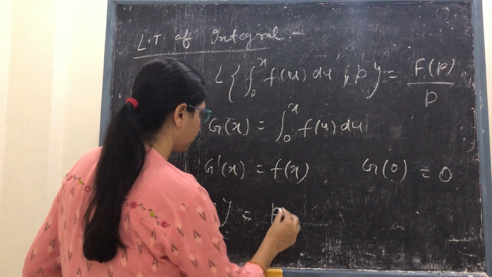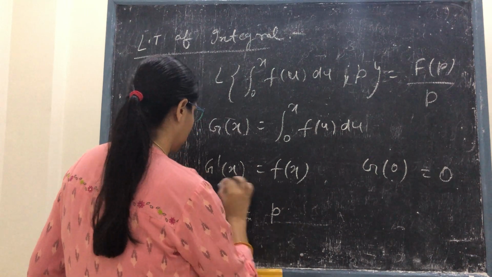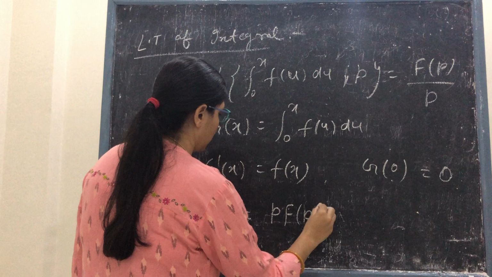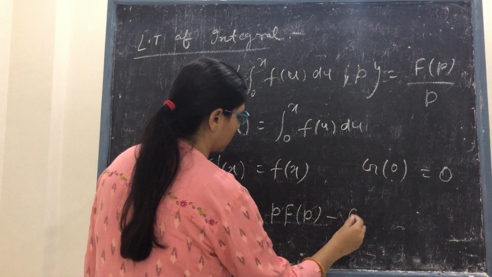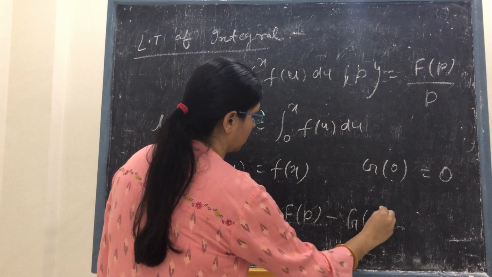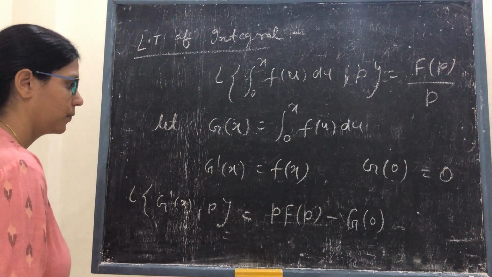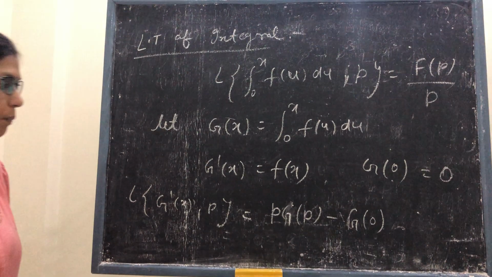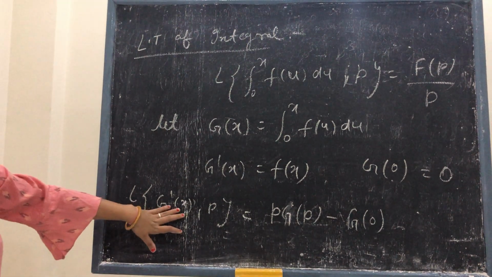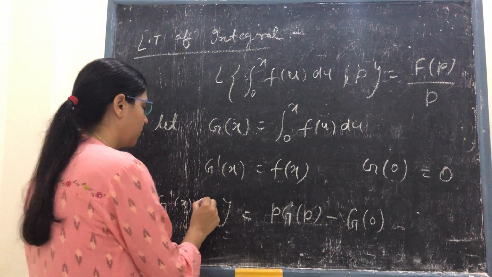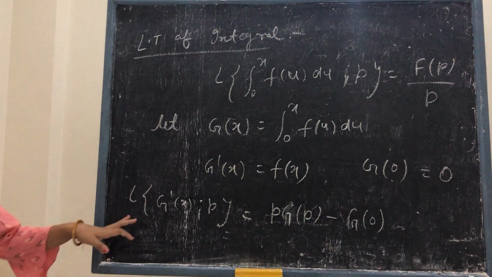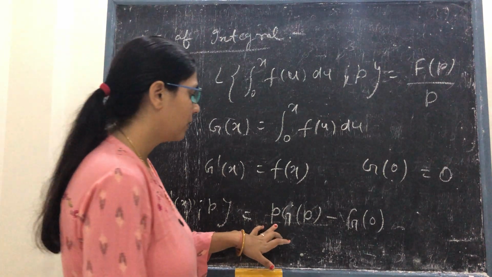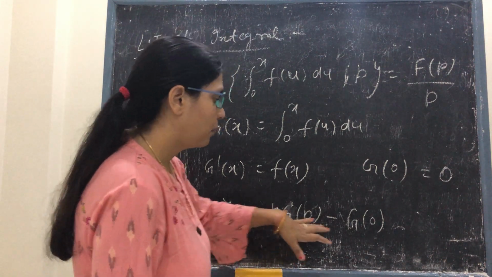The Laplace transformation of g dash x is p of g of p minus g of 0. If we find the Laplace transformation of g dash x using the derivative formula, then the Laplace transformation of a derivative of a function is defined by p of f of p minus f of 0.